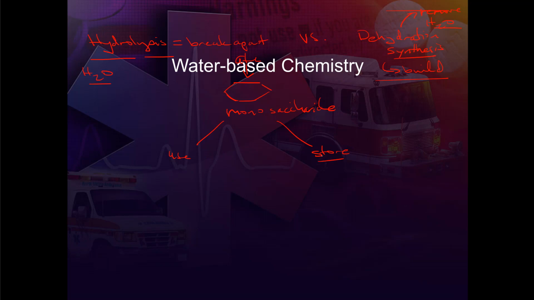When we store the sugar, we're going to store it as a more complex form of the carbohydrate. So what we're going to do is add our monosaccharides together. And if we have 2 of them, we have a disaccharide. If we have more than 2, then we have a polysaccharide. And polysaccharides are going to be long chains of these monosaccharides linked together.